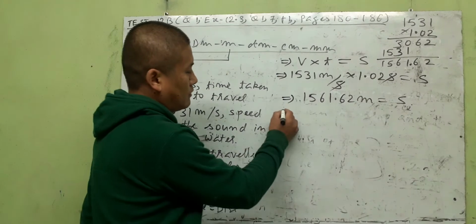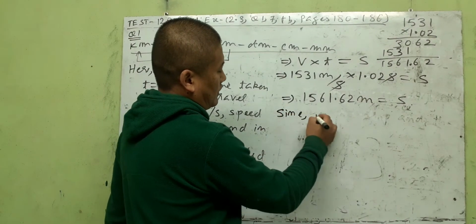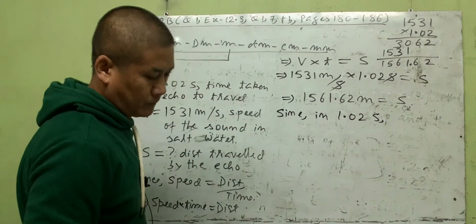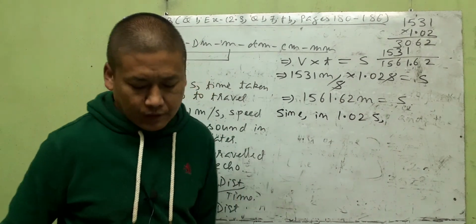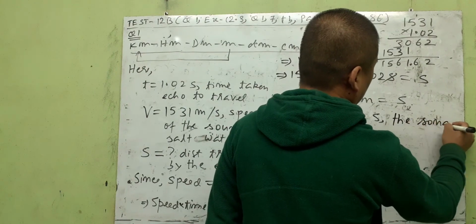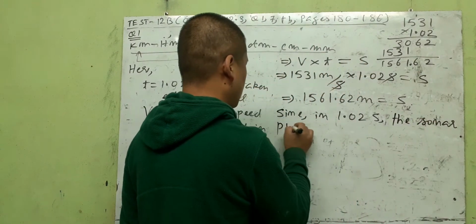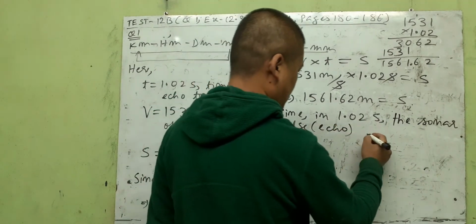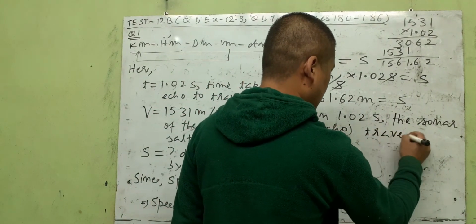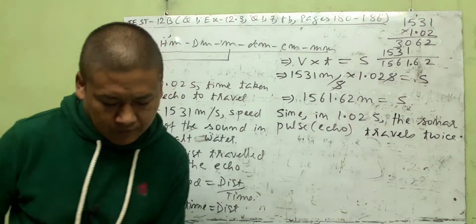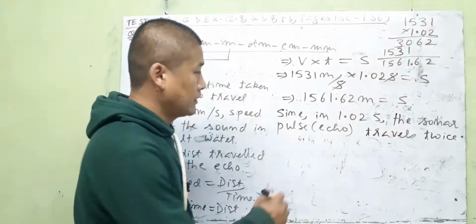Since in 1.02 seconds, the sonar pulse, in bracket if you want you can write echo, travels twice the distance between the submarine and the cliff.